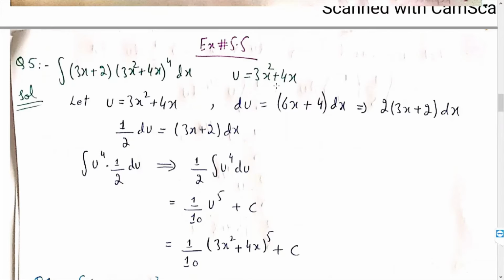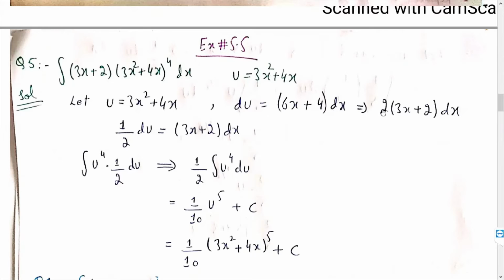So taking u equals 3x square plus 4x, taking the derivatives on both sides, the left side will become du, and the derivative of the right side will be 6x plus 4 into dx. Taking 2 common, I'm getting 2 into 3x plus 2 dx. 3x plus 2 dx is part of the integrand. That means the substitution is okay, it will work.